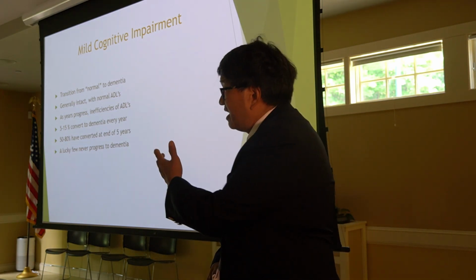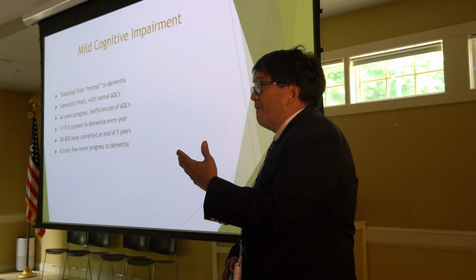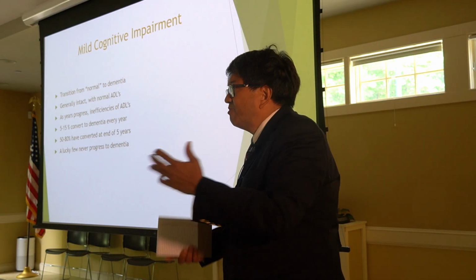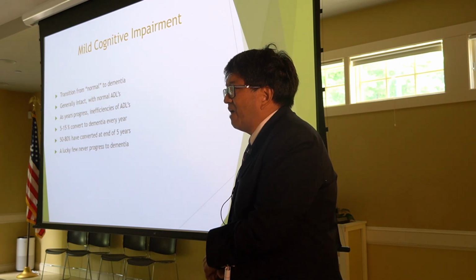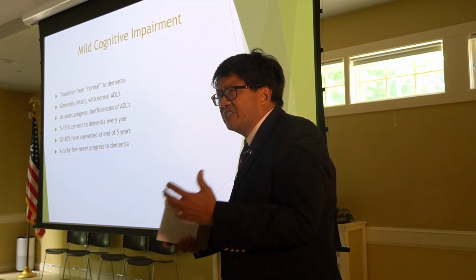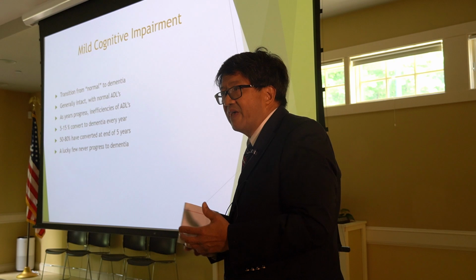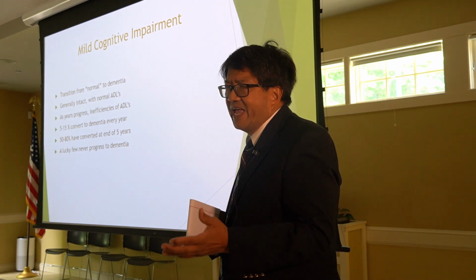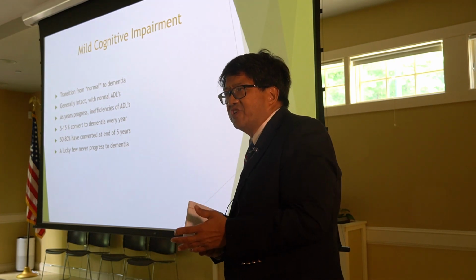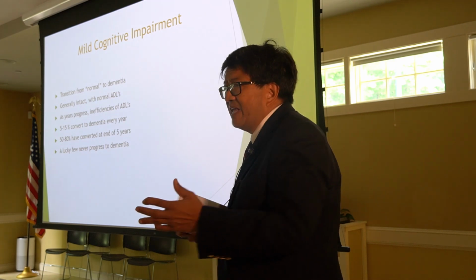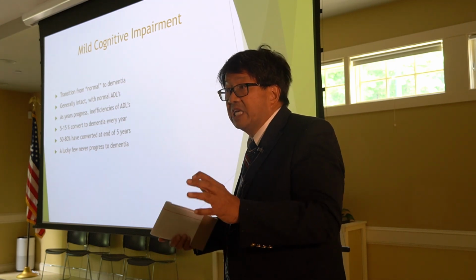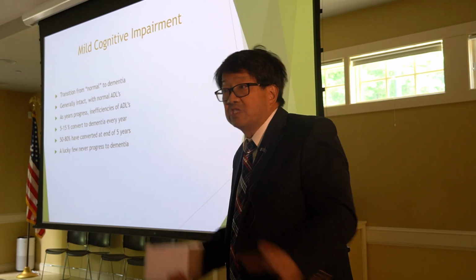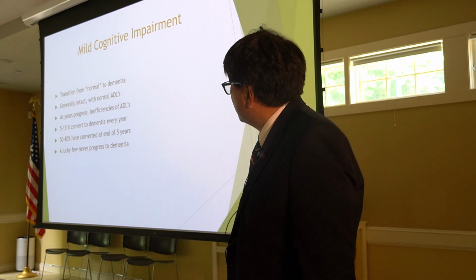So initially, like in mild dementia, all you have in the beginning is some inefficiencies in your activities of daily living. You forget an address, you make a little mistake in a checkbook, but it's nothing severe. You're still cognitively intact, and you can do most of your activities of daily living without a problem.